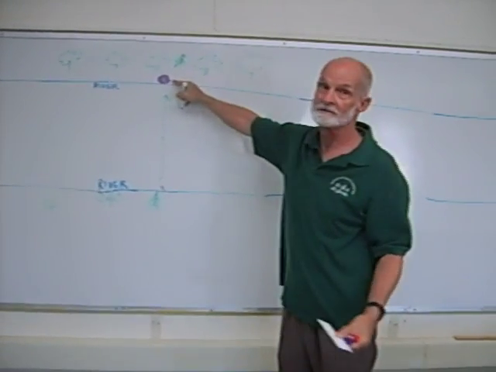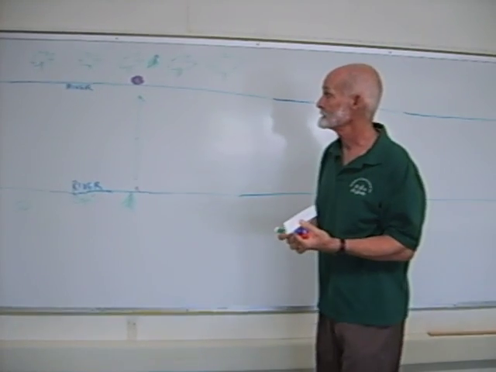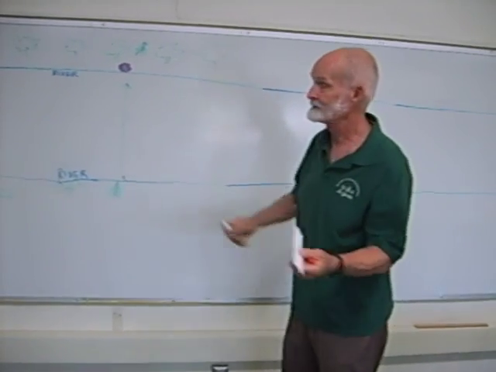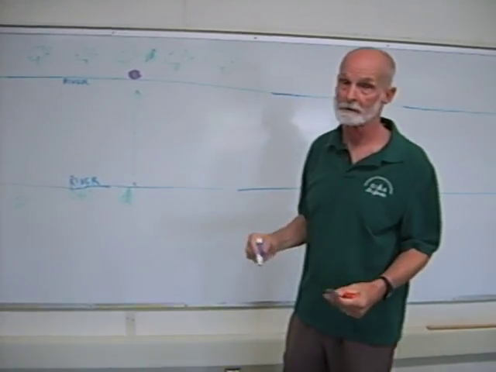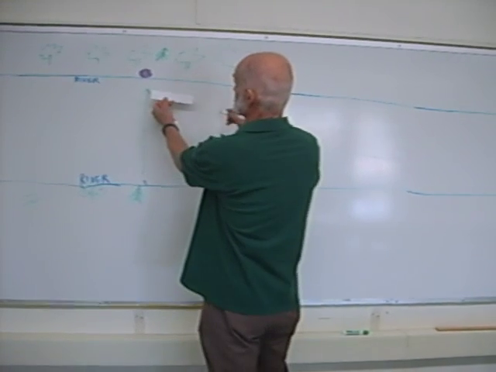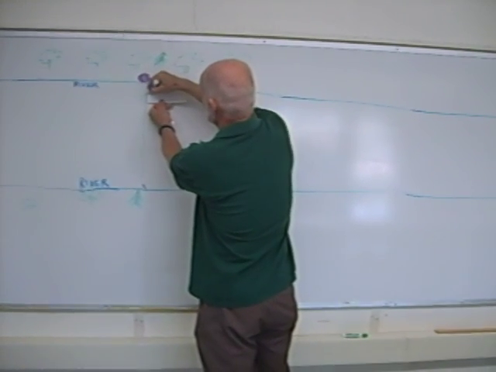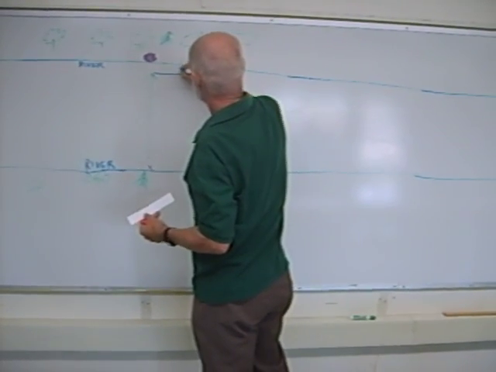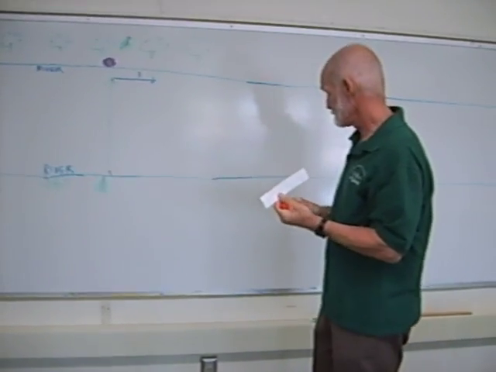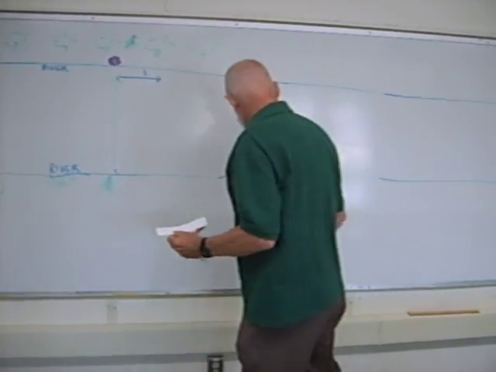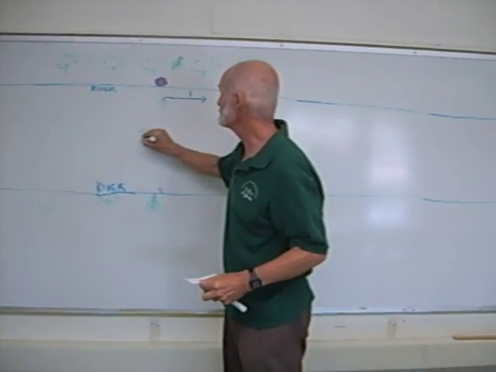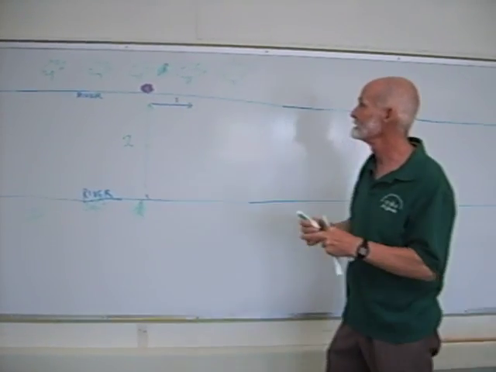I was going towards the rock to get the cell phone, but the river wants to make me go that way at 1 mile an hour. So I make a vector for the river, 1 mile an hour. Put a number 1 there to show the magnitude of the river. And this is 2, that's my magnitude.